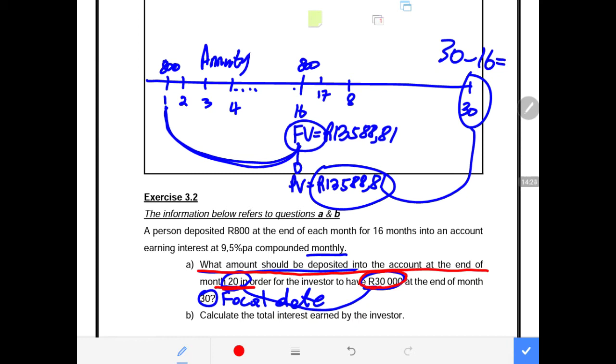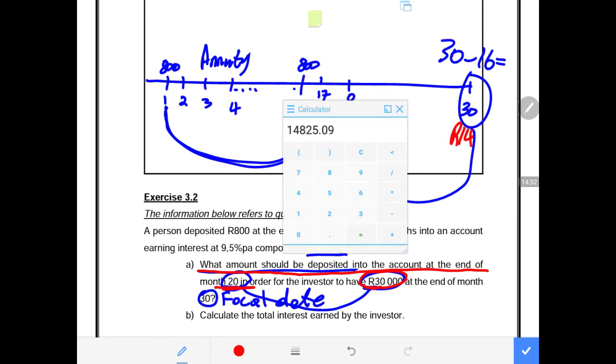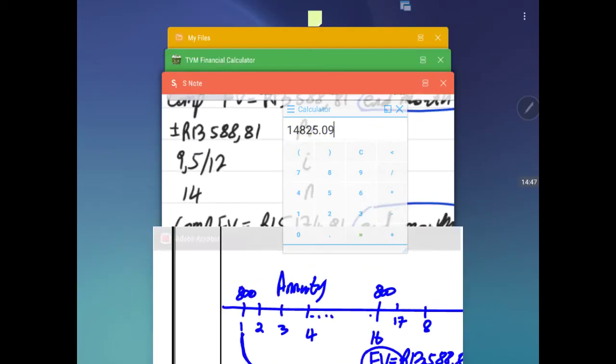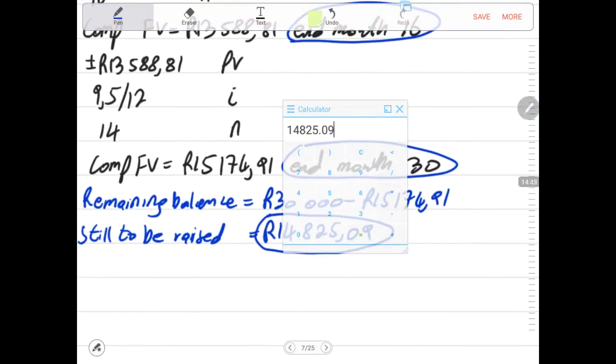What amount must be invested at the end of month 20 in order for us to have the 30,000 rands that we need? So now, in other words, we are saying by the end of this period, we need to raise the remaining balance of 14,825 rand 9 cents, because we already have 15,174.91.